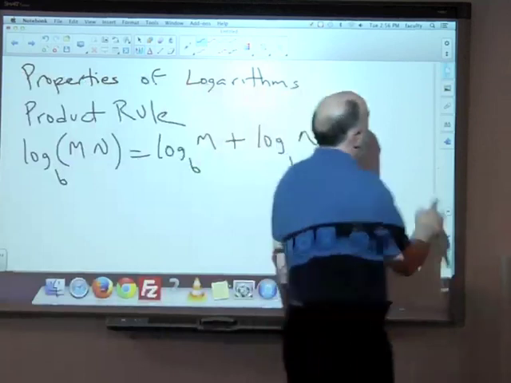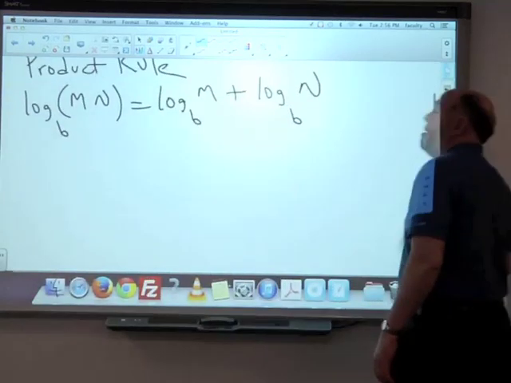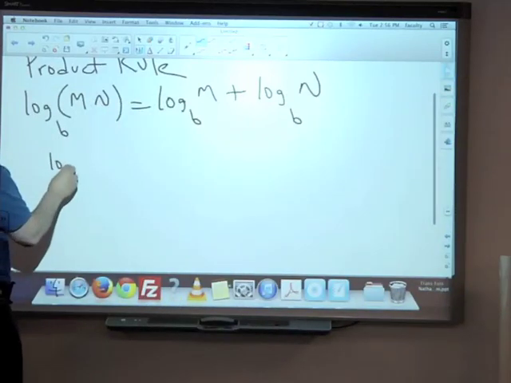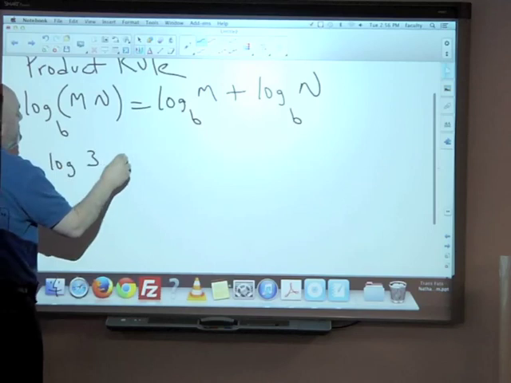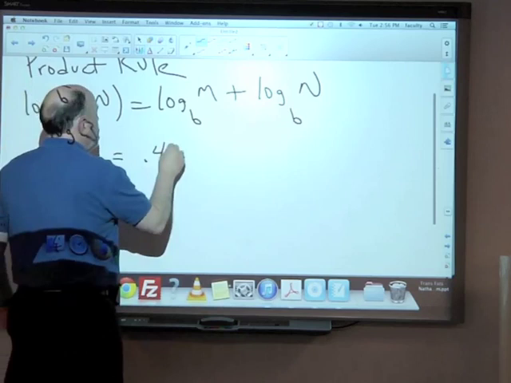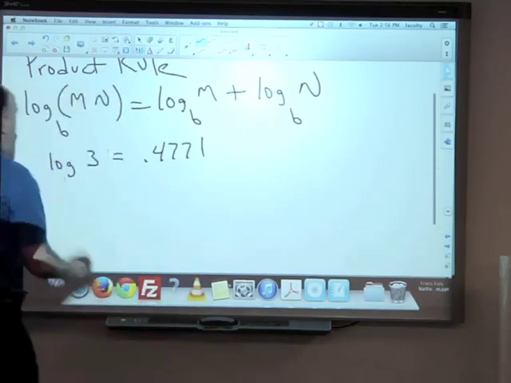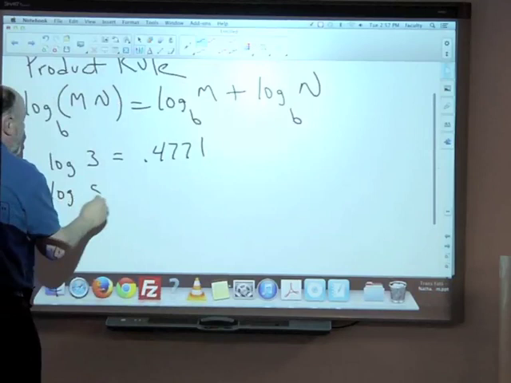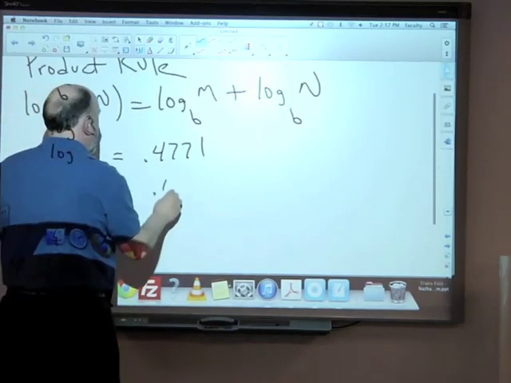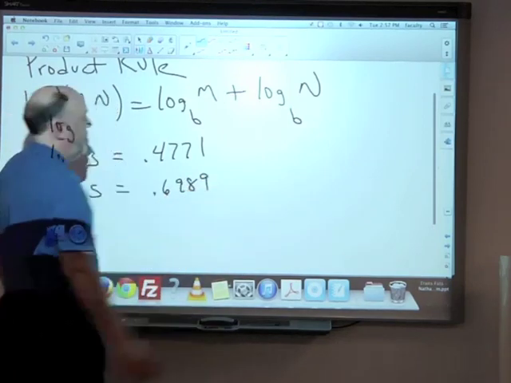So, for example, on the toy, what is the log of 3 to 4 decimal places? 0.4771. What is the log of 5 to, again, 4 decimal places? 0.6989. All right. I'm not rounding, I just cut it off.